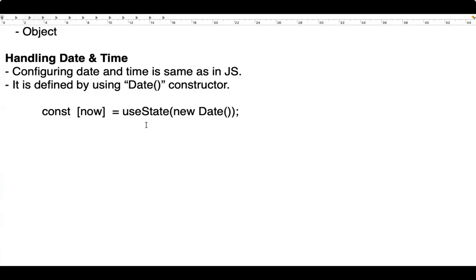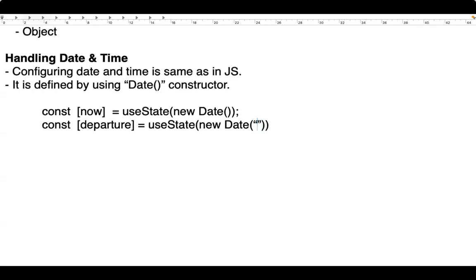If you want any specific date and time, then we have to define it. So, some departure equal to useState, new Date, and into that date constructor we have to pass the date and time values.